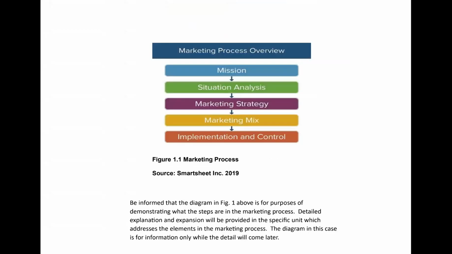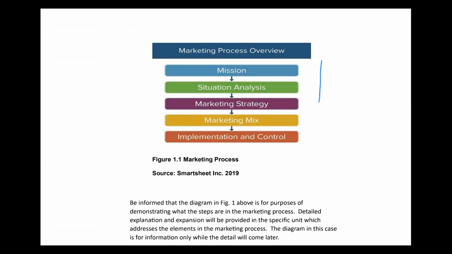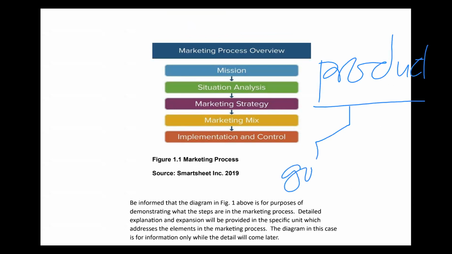When you have a product, a product is actually a general term in marketing that refers to goods or services. So even a service is a product, okay? I just want you to underscore that. Even a service is a product, or it can be a tangible good that is still a product.